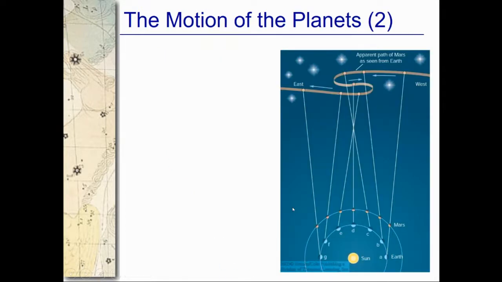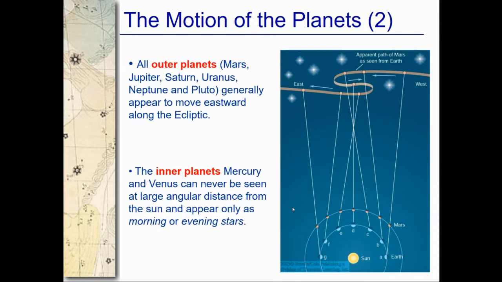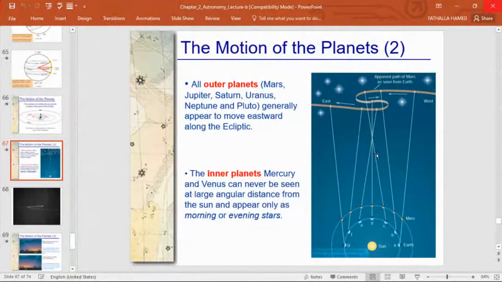Now there is something which we can see over the course of time, which is known as retrograde motion. And this retrograde motion comes as a result of the difference in the speed of the orbits around the sun.